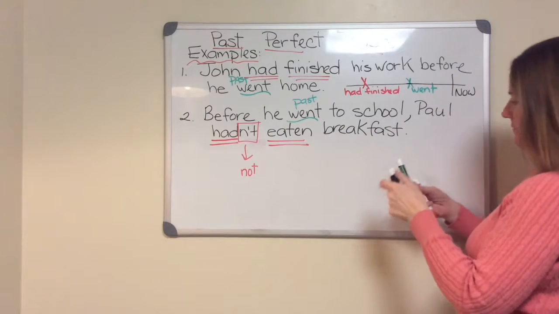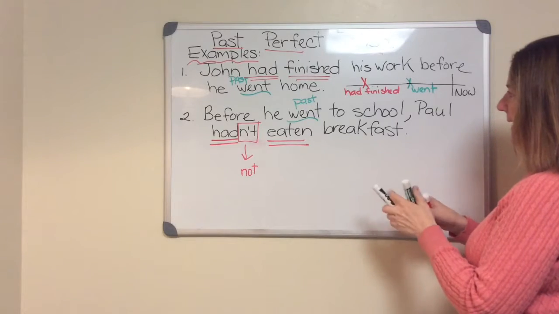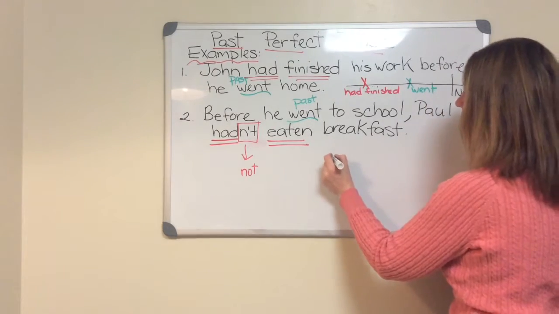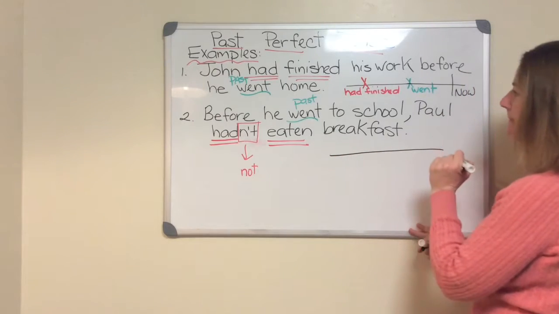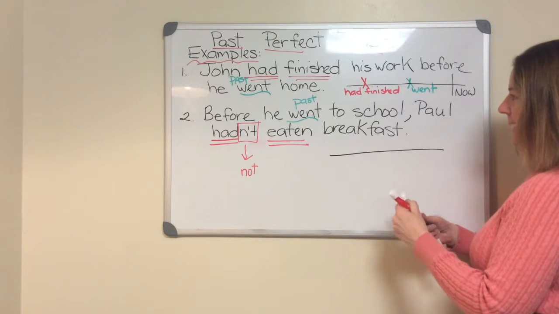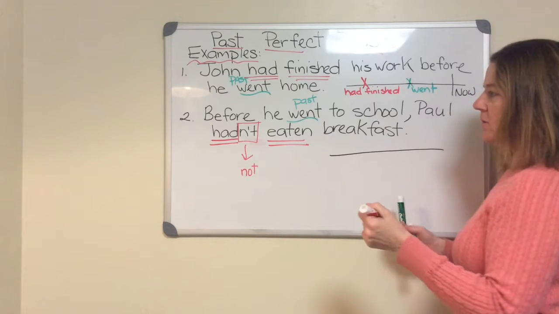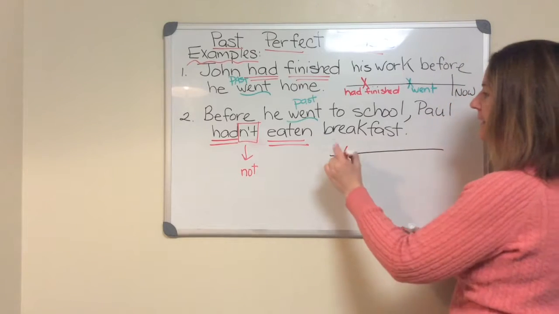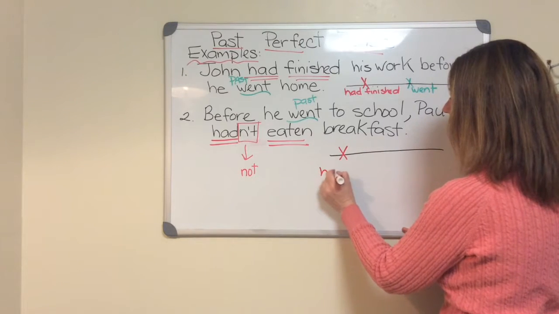All right, let's do the same thing. See if you can do it for yourself or follow along. We have what I call past past, or what verb happened first, would be had eaten.